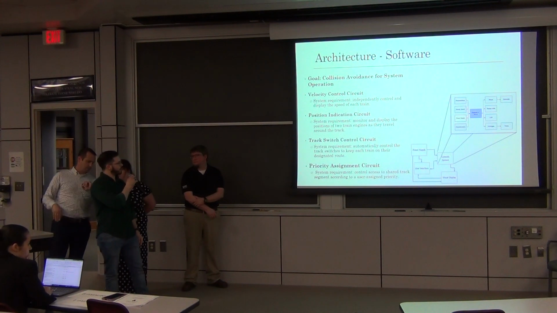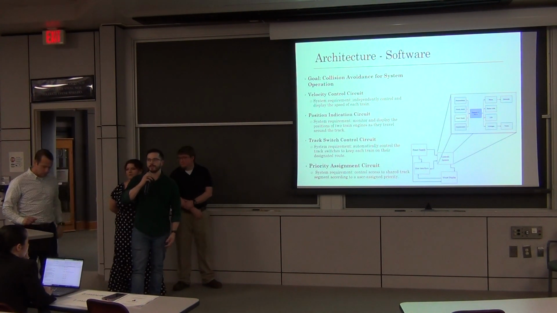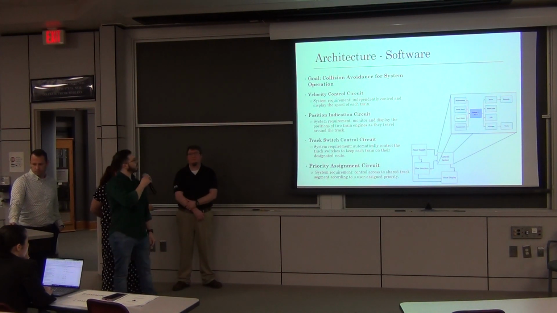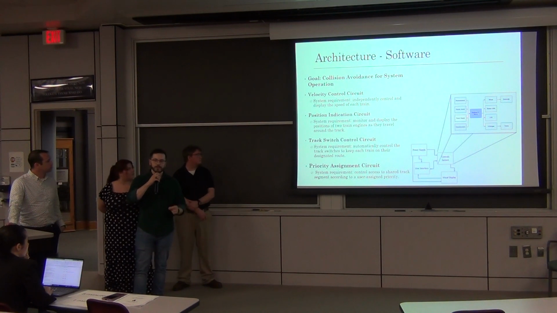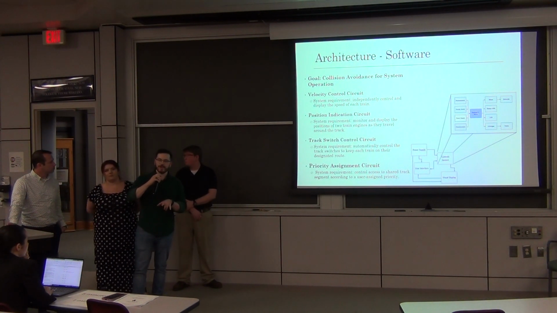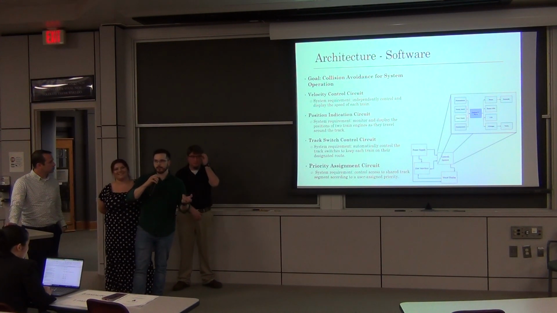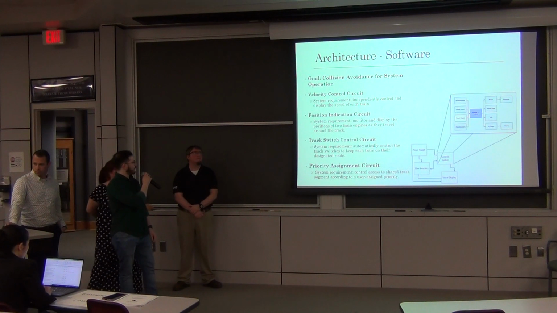A position indication circuit which allows the user to see where the trains are along the track via LEDs that are on the user interface. The track switch control circuit, which allows the user to switch between which train has the priority at the junction. So if they're about to collide, one will stop and the other will go depending on that user setting. And then we have the priority assignment circuit.